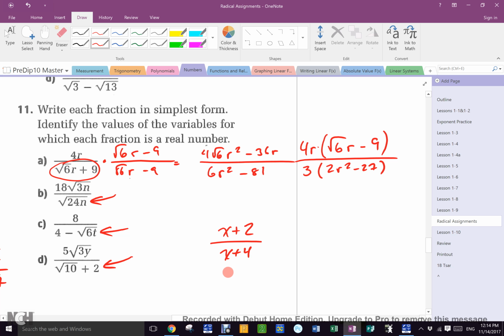A great many of you want to simplify there, but you cannot. Because what this really is saying is x over x plus 4 plus 2 over x plus 4. So that's why you can't simplify it that way.